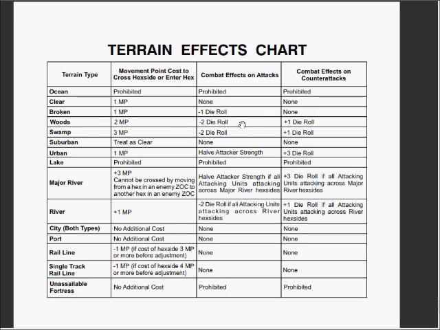In this case, the attacker's die roll would be reduced by 2, whereas the defender's counterattack die roll would be increased by 1. These die roll adjustments have a noticeable effect on combat, and players should always keep terrain in mind when deciding on defensive positions and when making decisions about attacks.